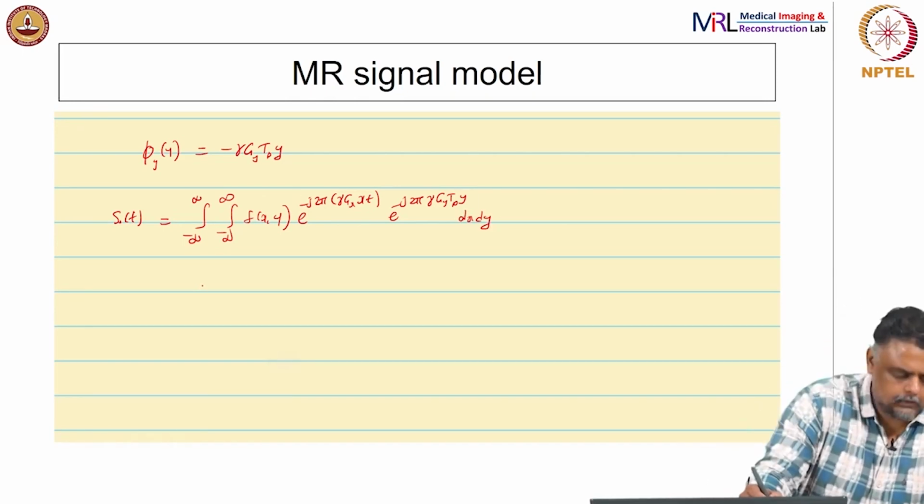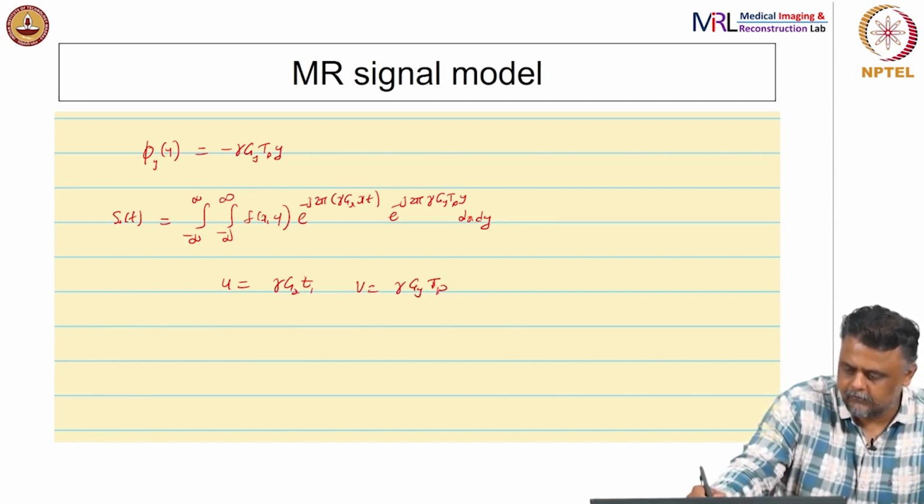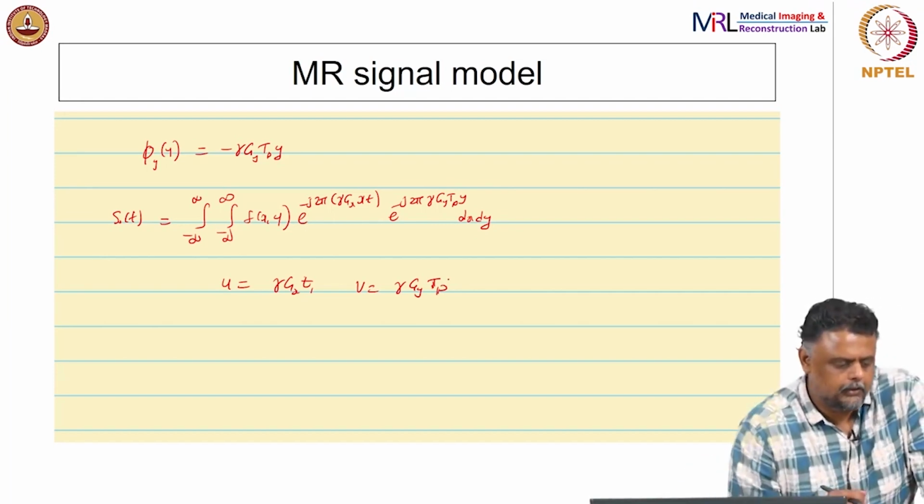Now your u is basically this value as usual, and v is, so this Tp is fixed, try to figure out what it should be.